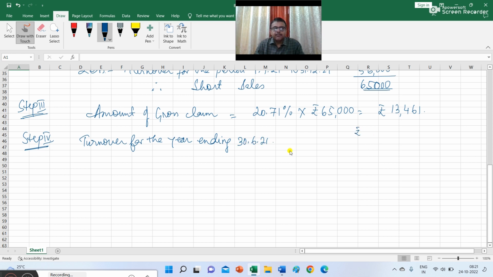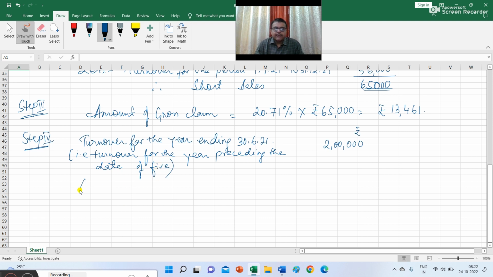The fire broke out on 1st July 21. What is the turnover for the year immediately preceding the date of fire? So this is 2 lakh. Turnover for the year ending 30th June 21 is given as rupees 2 lakh. So this is the turnover for the year preceding the date of fire.